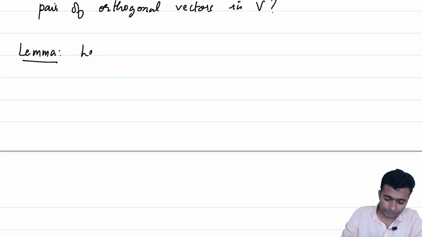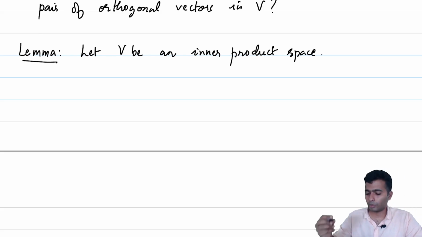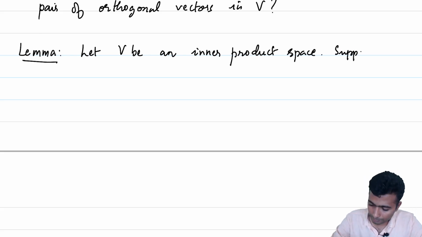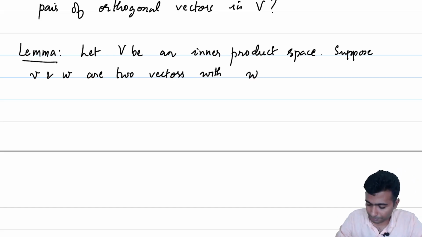So let V be an inner product space. I had said that I will not write it down, but that's okay. And suppose V and W are two vectors with W being non-zero.